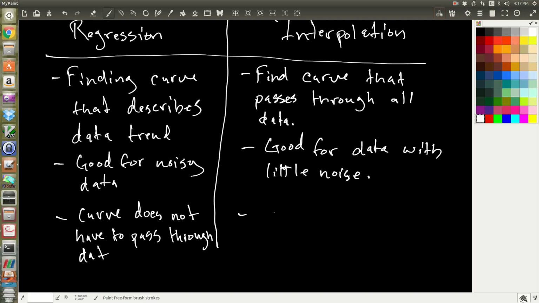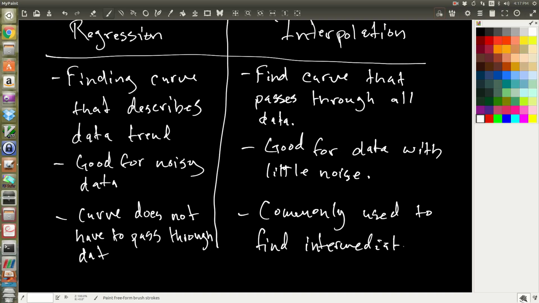And commonly used to find intermediate points for tabulated data.